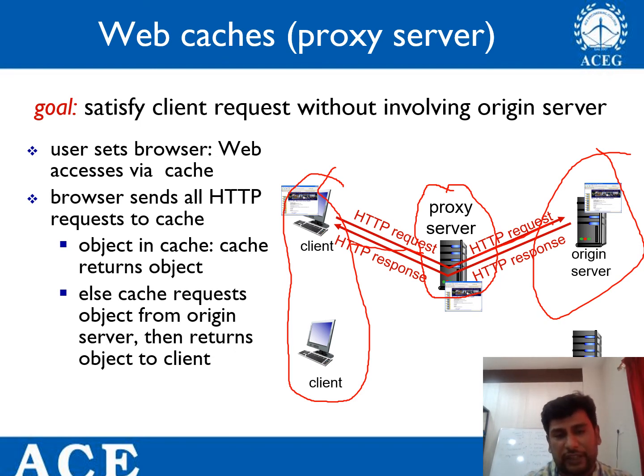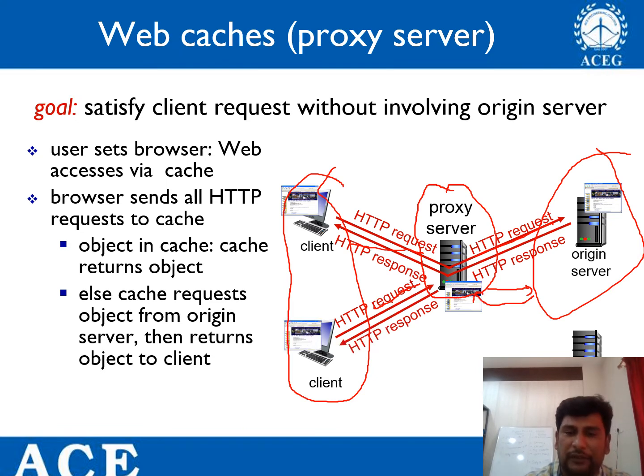For instance, a request is made by the client for the first time and the proxy server does not have the content, then the request will be forwarded from the proxy server to the origin server. After receiving the response from the origin server, the proxy server will return it to the client.